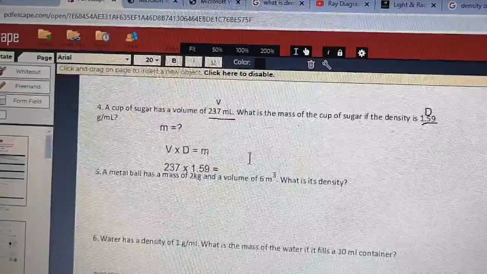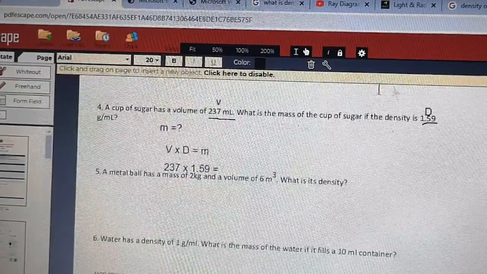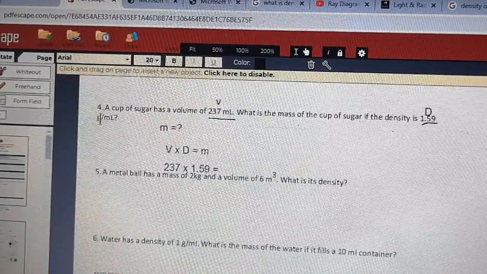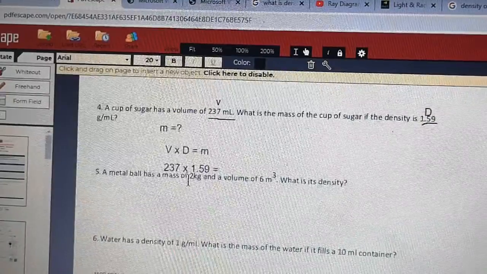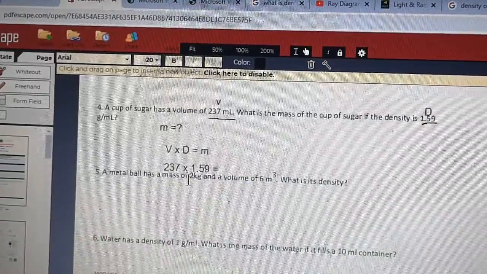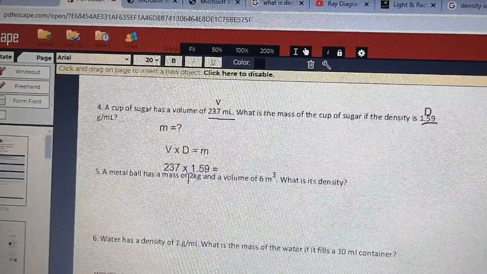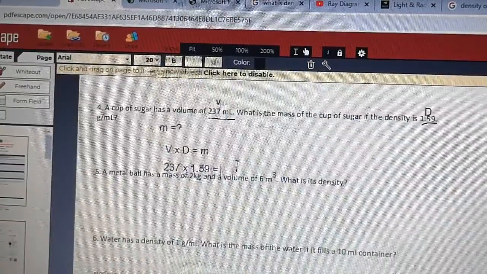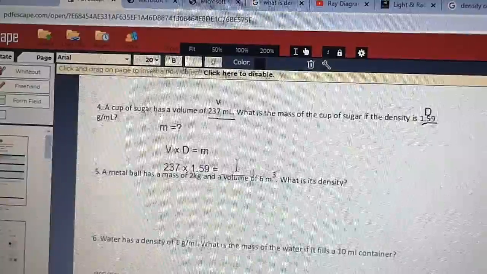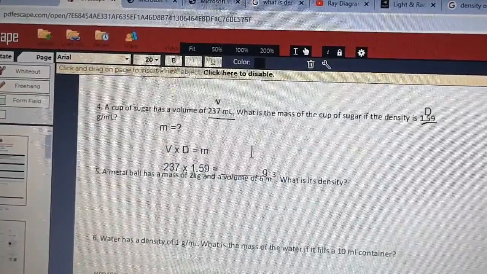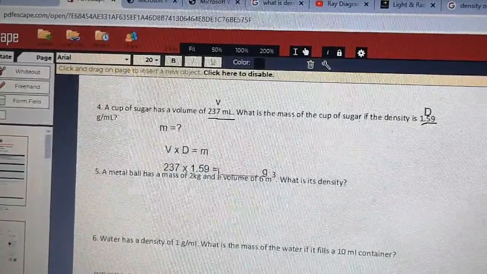And you will find the mass. Now mass is always grams, especially when it says G here. So whenever you find your number, remember to put the units, or you'll lose marks. You can calculate that number and put it in there, and make sure you add G for grams after you've finished.